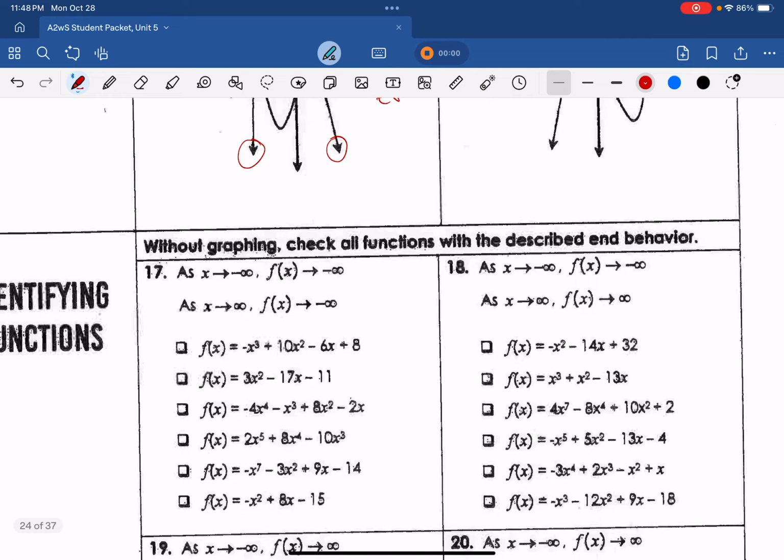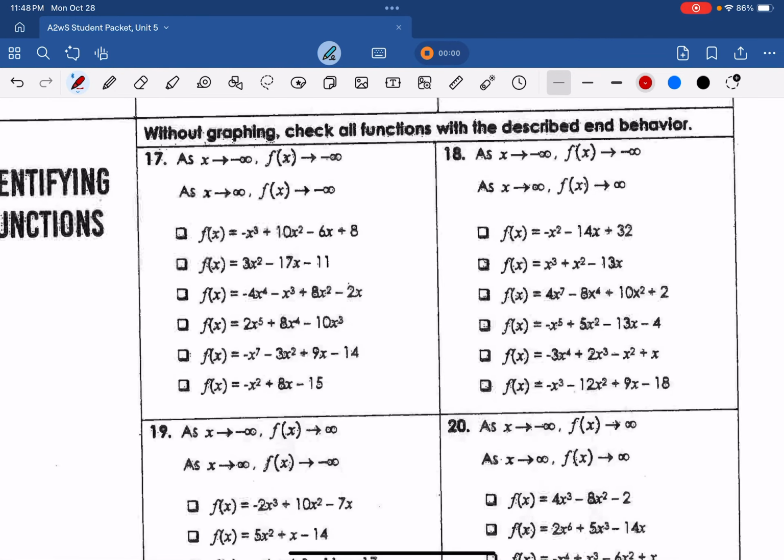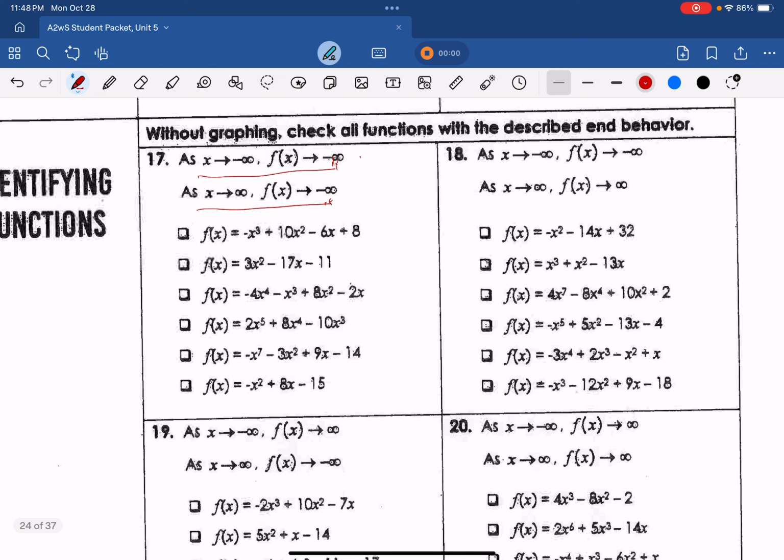And then on 17 through 20, you're going to look at your end behavior and see which of these following functions will fit the category. So what we know is if we've got end behavior where they're both negative, then our LC is negative and our degree is even because they're doing the same thing.